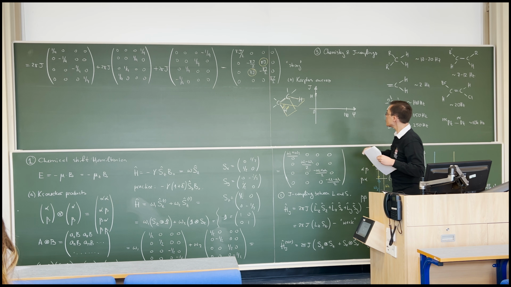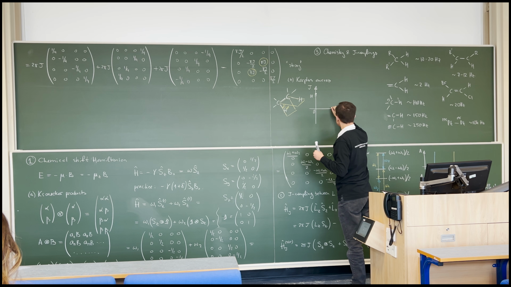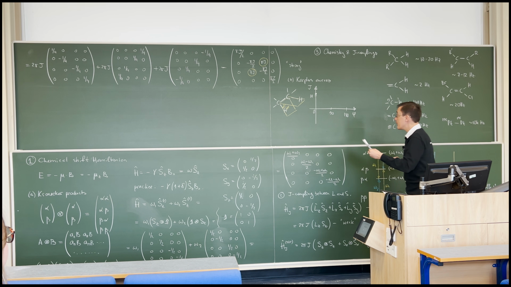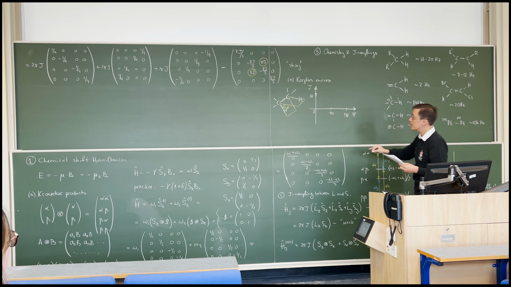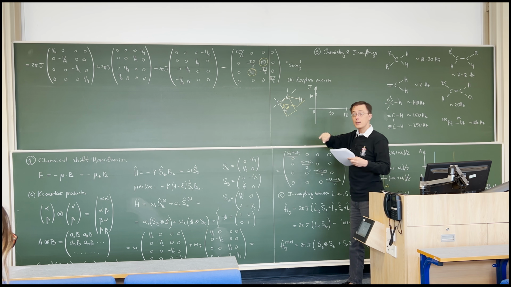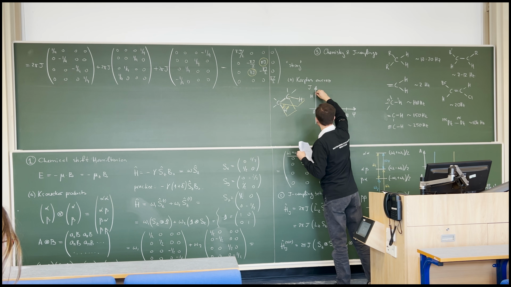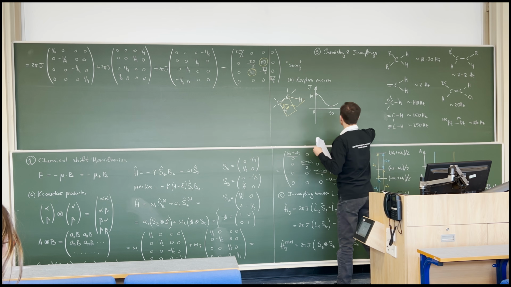Then if we go through 90 degrees there, then we would expect these orbitals to be perpendicular and therefore not overlap too much. And so that is reduced to just a couple of hertz.